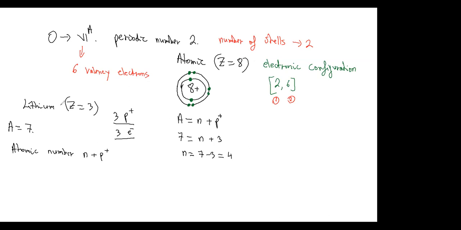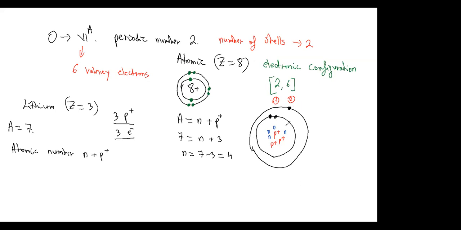So in the nucleus of lithium, there are 3 protons and 4 neutrons. 1, 2, 3, 4 neutrons. This is the nucleus of lithium, and the orbitals and electron cloud would be the first shell, where there are 2 electrons, 1 and 2, and the second shell for lithium would have only 1 electron.